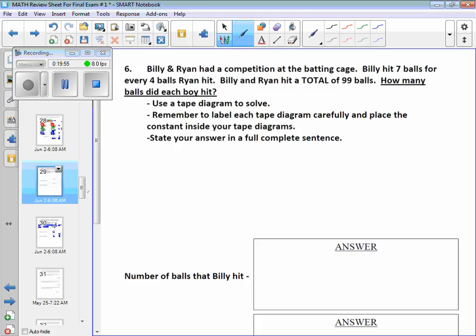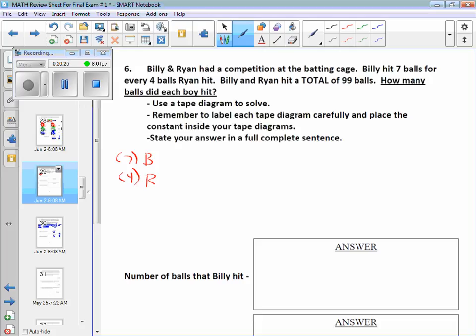Start off with the names of our 2 kids. Billy and Ryan. No problem with you abbreviating their first names as long as they're different letters. I'm going to take the ratio that they gave us for Billy and Ryan, which is 7 to 4, and put it in parentheses to the left of their initial.